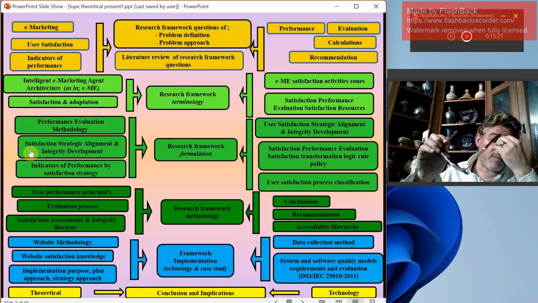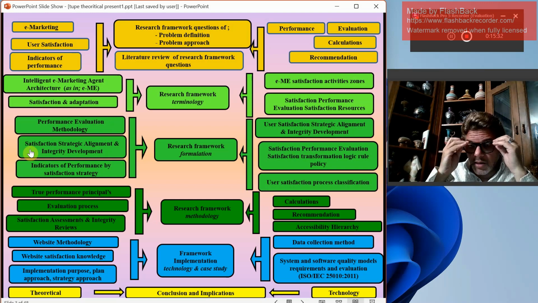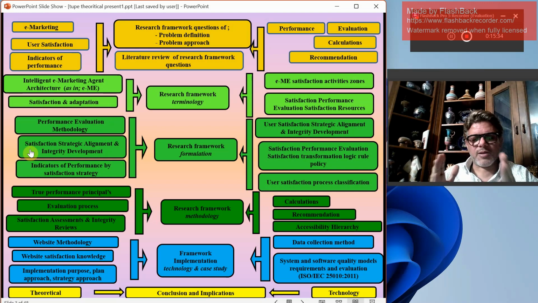Now, I think this is basically going to talk about how can I ensure the integrity of data, information, knowledge, intelligence between the plan and the strategy, and the strategy and the plan, vice versa, and between the user satisfaction, which is independent and ambiguous, and the business satisfaction, which is linear progression.